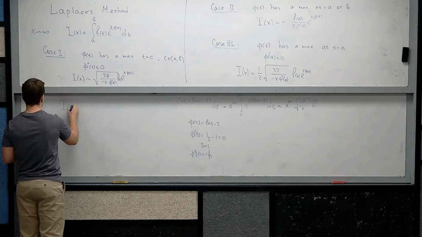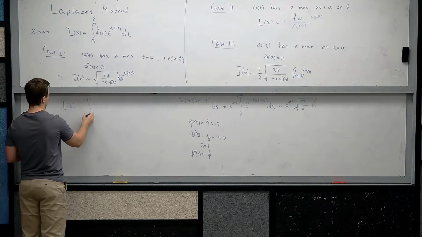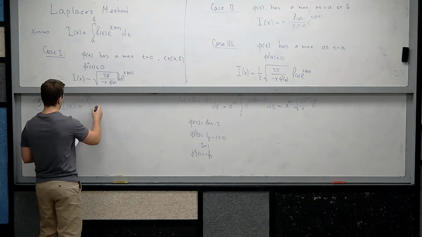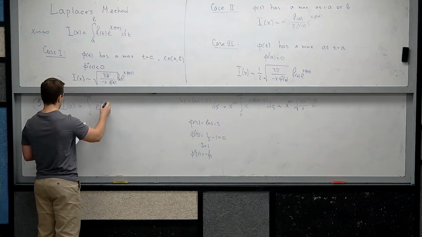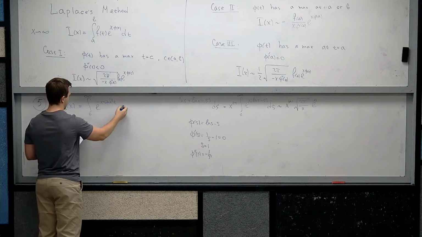We have to evaluate the integral from 0 to infinity of e to the −x sinh²(t) dt.